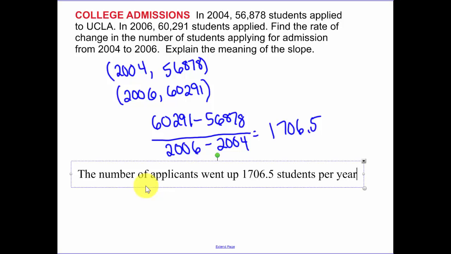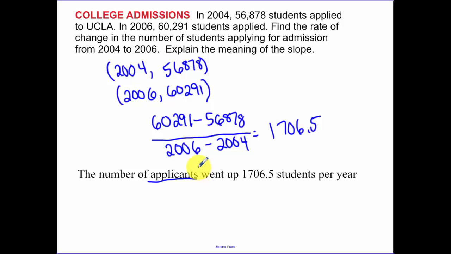Let's talk about how I got what I got. You have to give me what I'm talking about. The number of applicants went up, telling me that our slope is positive. If it is a negative slope, you'd say something like decreases.